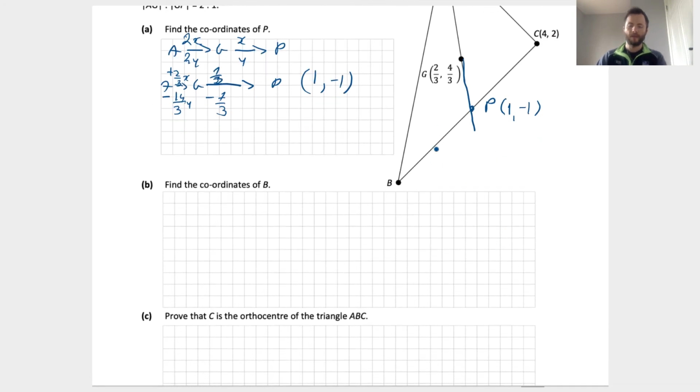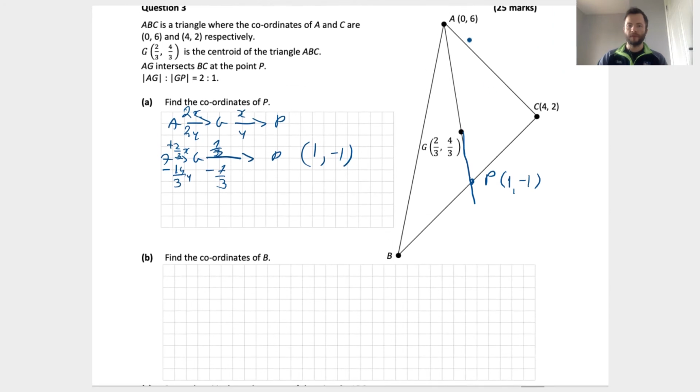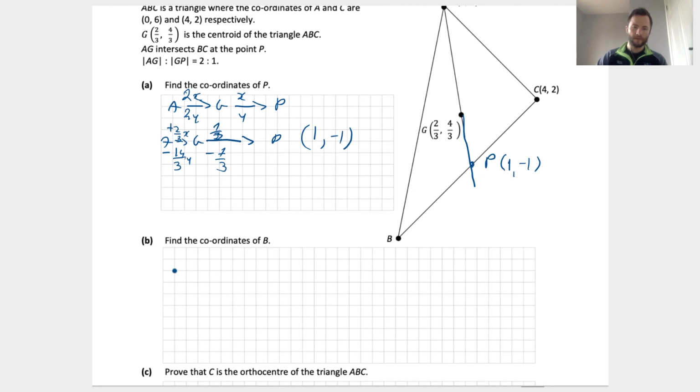Coordinates of B. To find the coordinates of B, I recognize that the point P is the midpoint between B and C. So P(x, y) is the same as (xB + 4)/2 and (yB + 2)/2.